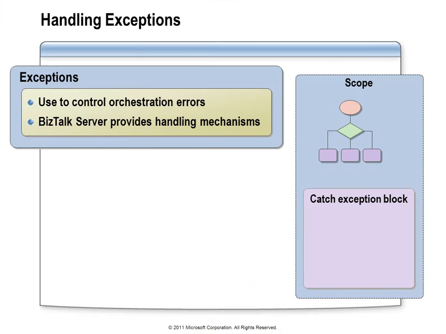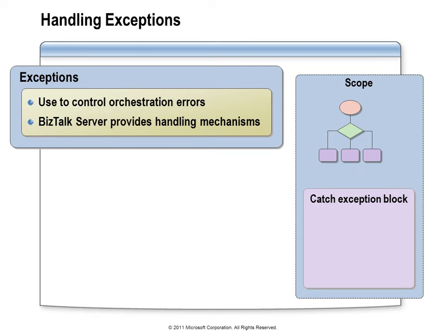Well, we saw early on in our discussion of orchestrations that it was really important to have a well-defined process for handling errors. So fortunately, the orchestration engine helps us out here by offering support for exception handling. Now, we've talked about exception handling a few times already, but let's spend a few minutes just looking at it a little closer so we can understand how to apply exception handling to our orchestrations.